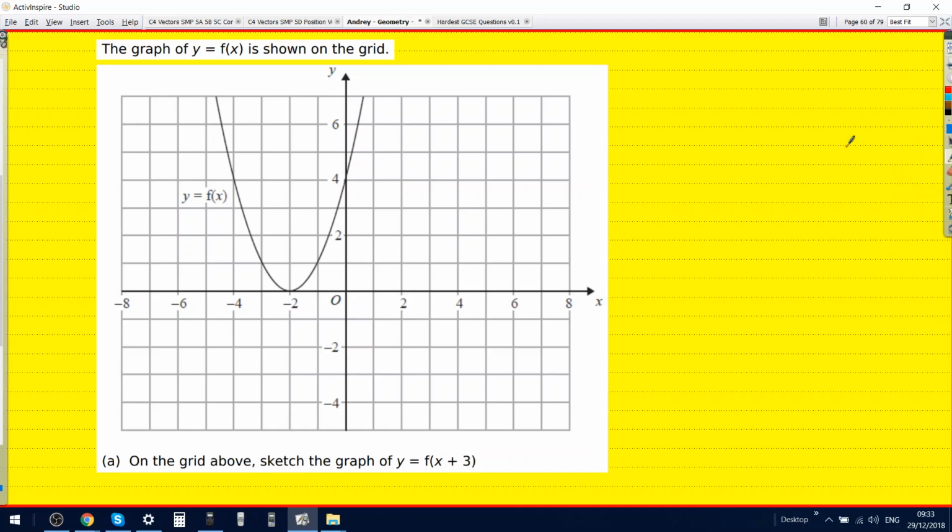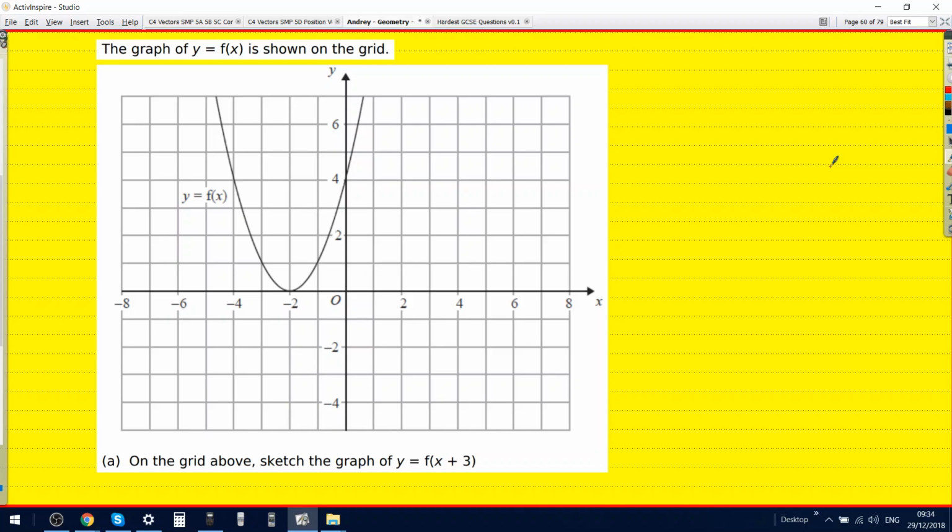How do we do this? So this is just where you add -3 to all the x coordinates, yeah.